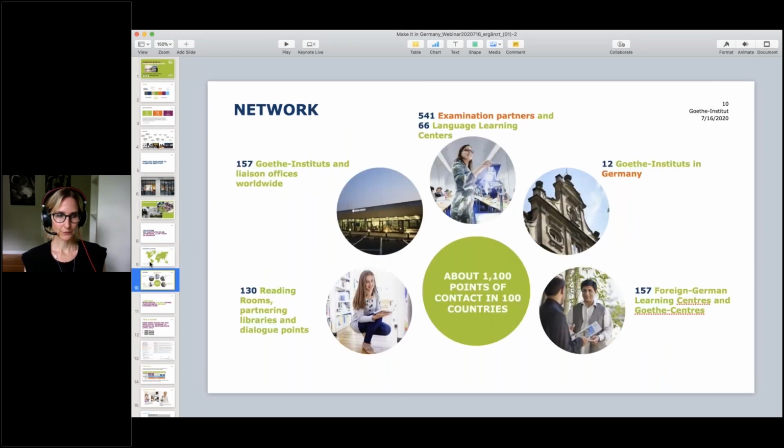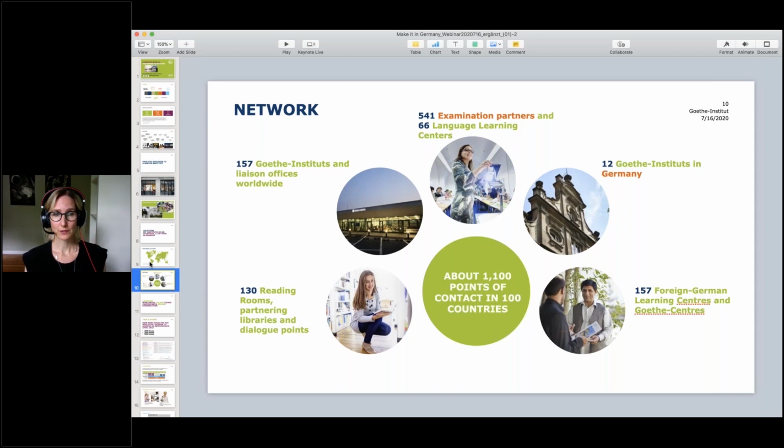If you couldn't find a Goethe-Institut that's close to you, we also have 541 examination partners. That's quite important for you if you have to take an exam. You don't necessarily have to go to a Goethe-Institut.